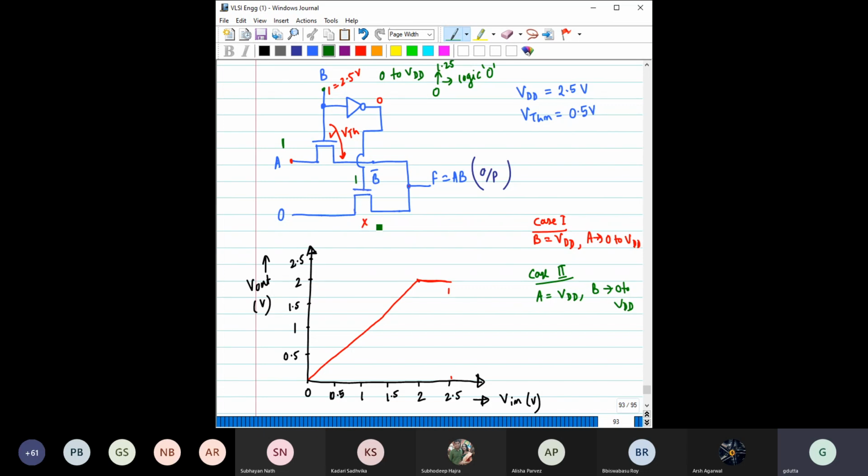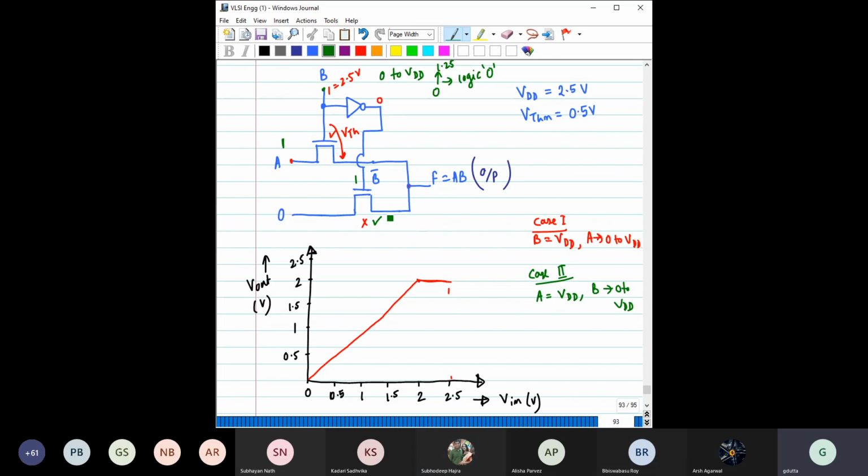If this transistor is on, what about this other transistor? What will happen to it? Off.